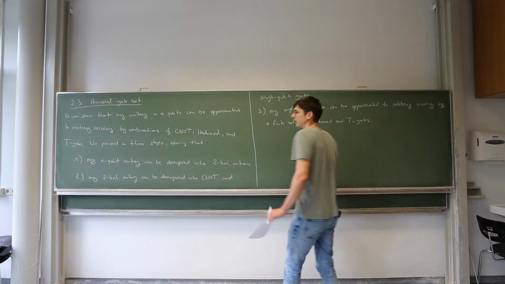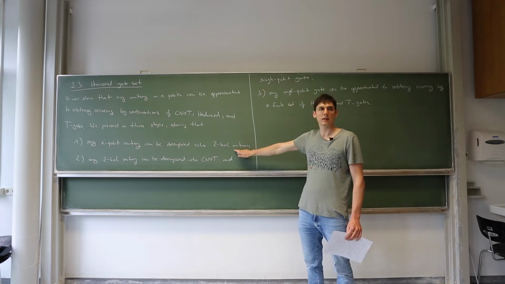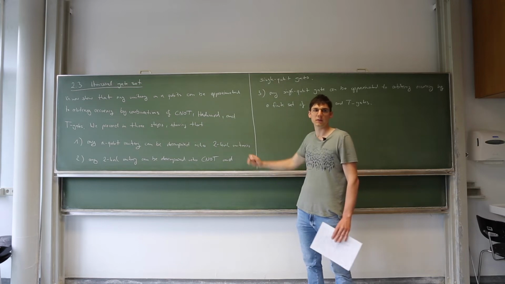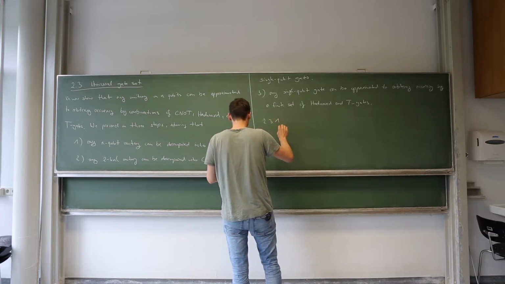So we start now with the first point, namely we now would like to decompose an arbitrary n-qubit unitary into so-called two-level unitaries. This is 2.3.1.